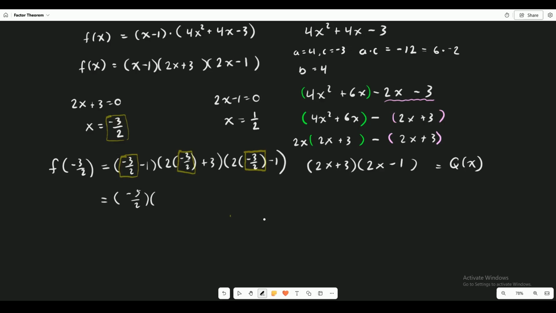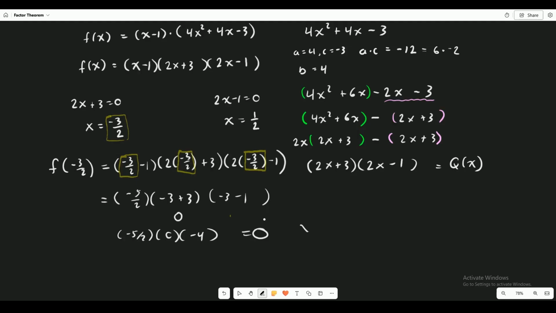And the next one, 2 times negative 3/2, is actually equal to negative 3 plus 3. Hey, look at that. This one is 0 right there, which means we really don't care what this next one is. If you want, I'll do the math anyway. 2 times negative 3/2 gives us negative 3 minus 1, so that's going to be negative 4. So negative 5/2 times 0 times negative 4 is equal to 0.